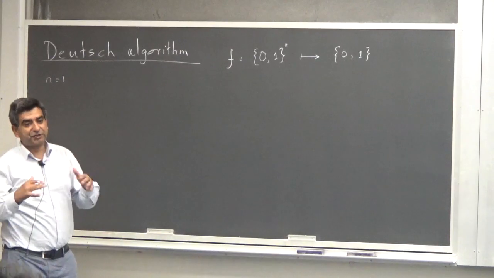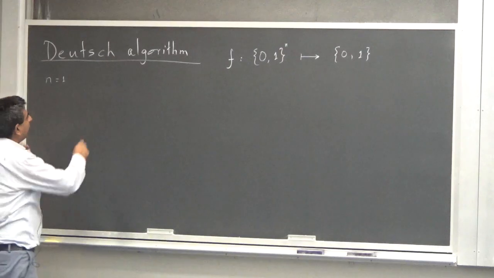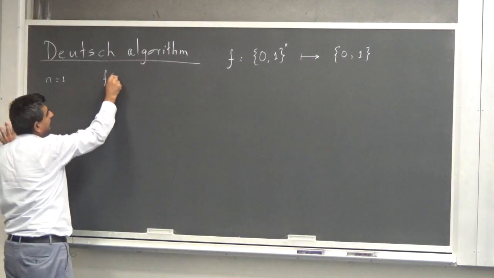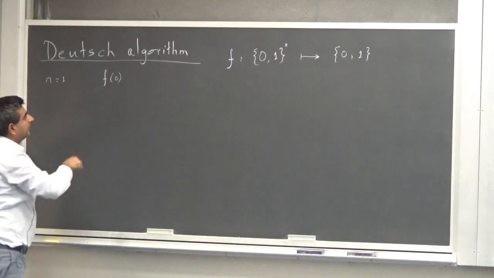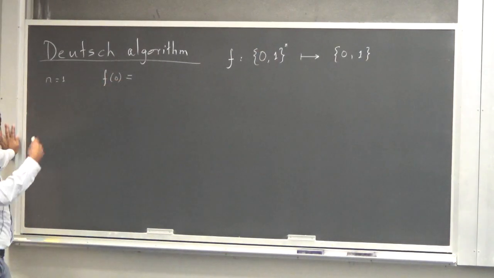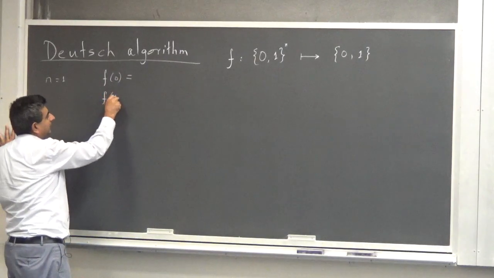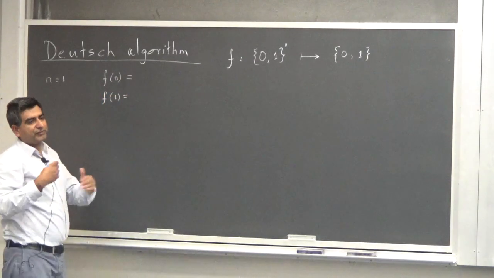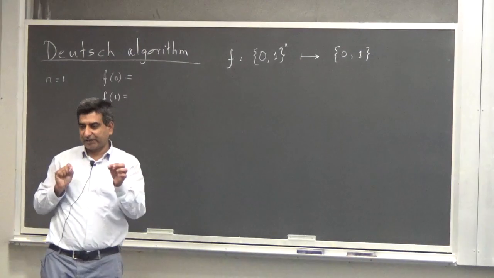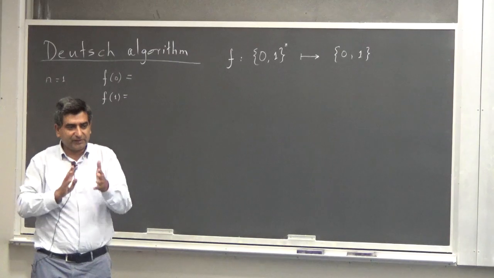I'm looking at one function with two possible inputs. So I could have f of 0, which is some binary bit, 0 or 1. I can have f of 1. The function acts on 0 and 1, so I'm just considering 1-bit strings. The 1-bit strings are just a 0 and just a 1.